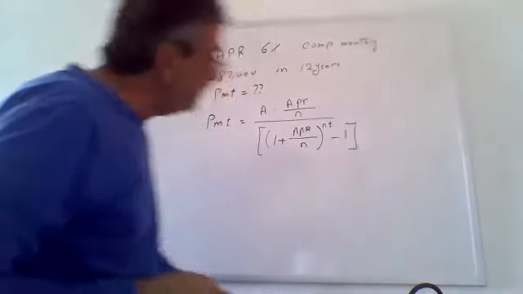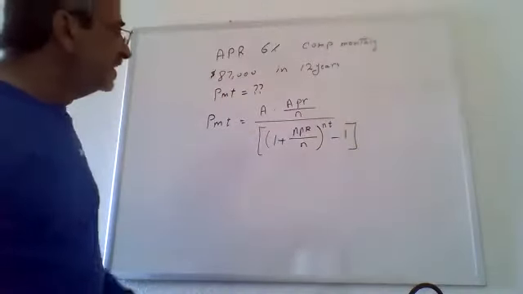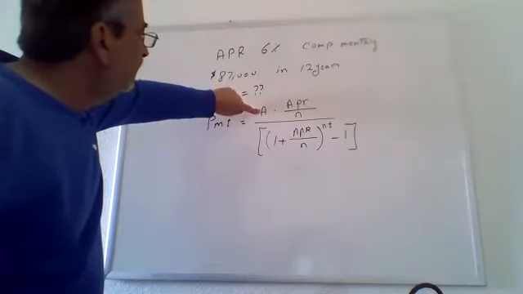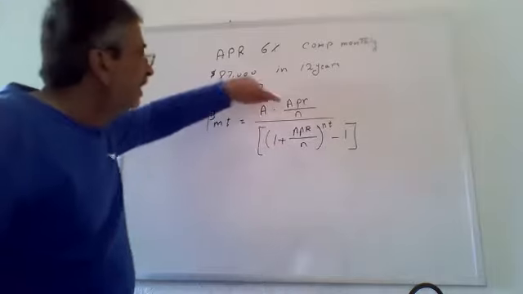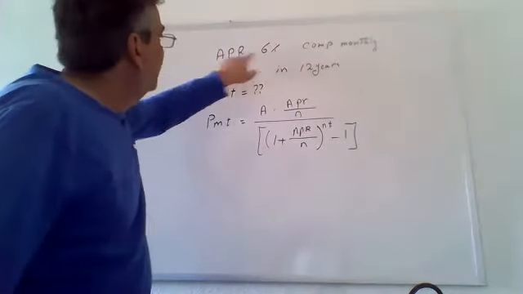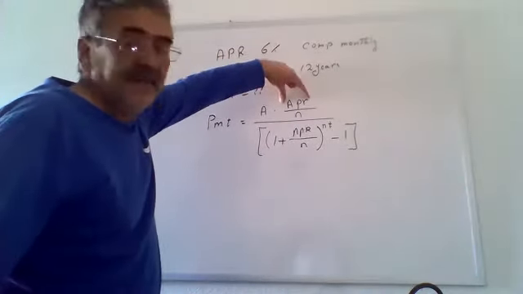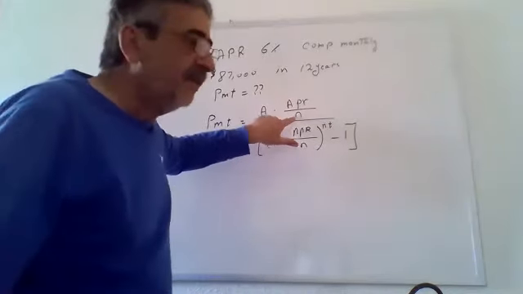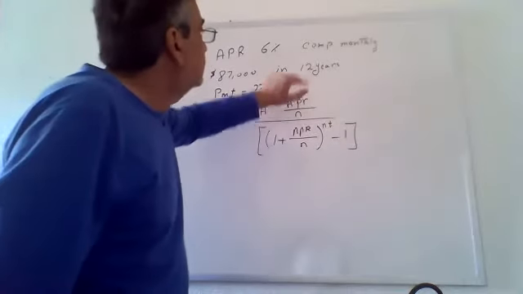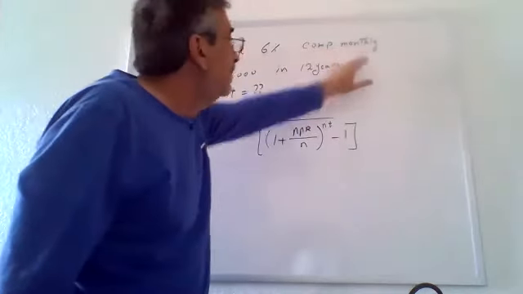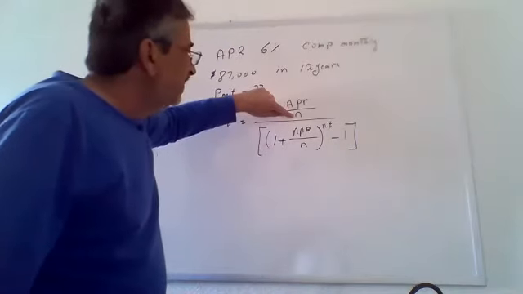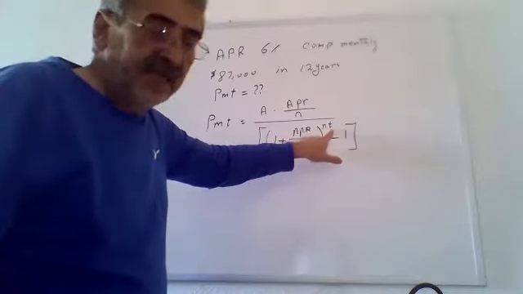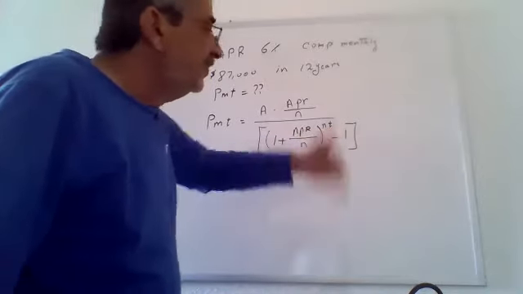Okay, this is the formula that we're going to be using. Let me explain the formula a little bit. A is the amount of money you want to have in the future. The APR is your interest rate written in decimal. N is the number of compounded periods per year. Since we're looking at compounded monthly, N in this case will be 12. T will be the number of years.